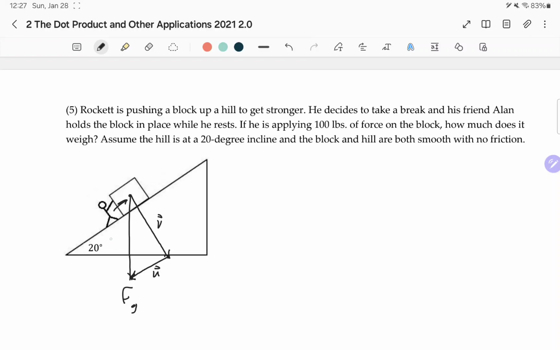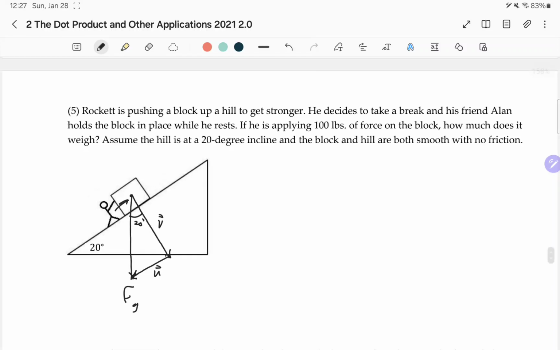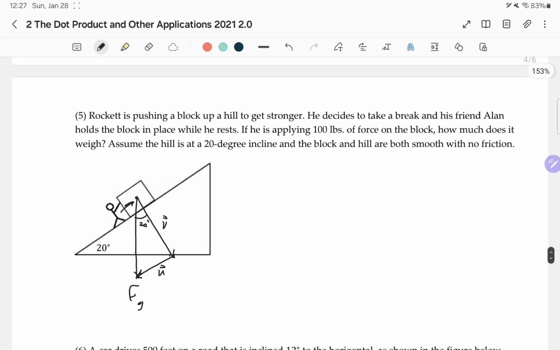If this is 20 degrees, this is also 20 degrees. That can be found with some geometry. We also are given that U is 100 pounds because he has to apply 100 pounds of force. So negative U is equal to 100 pounds of force on the block. That means U is equal to negative 100, assuming that down is negative, right?